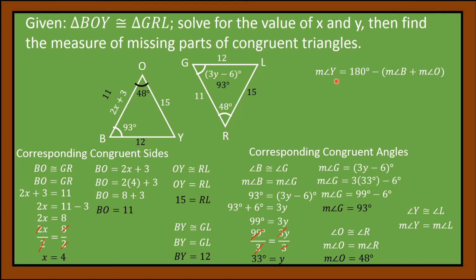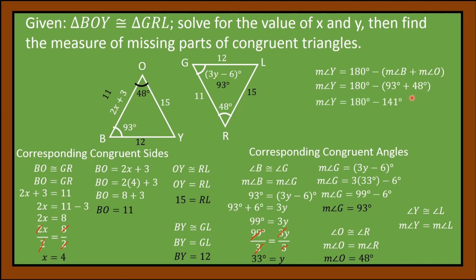So take note that the total measure of a triangle is always equal to 180 degrees. That is why this became our formula. So let us substitute. The measure of angle B is 93 degrees and the measure of angle O is 48 degrees.